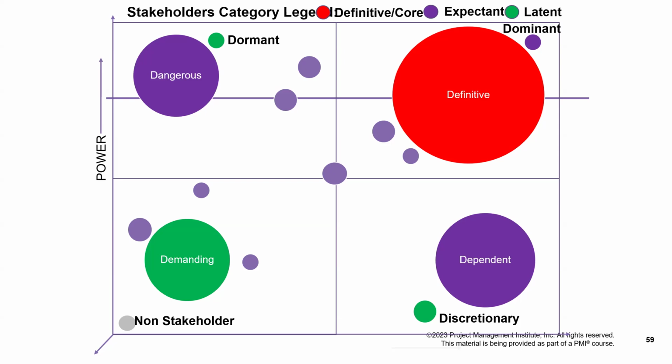Anyways, do you understand what I'm trying to say here? All the 9 categories are shown here. You see non-stakeholder 1, 2, 3, 4, 5, 6, 7, 8. All the 9 categories could be shown in form of bubble chart.